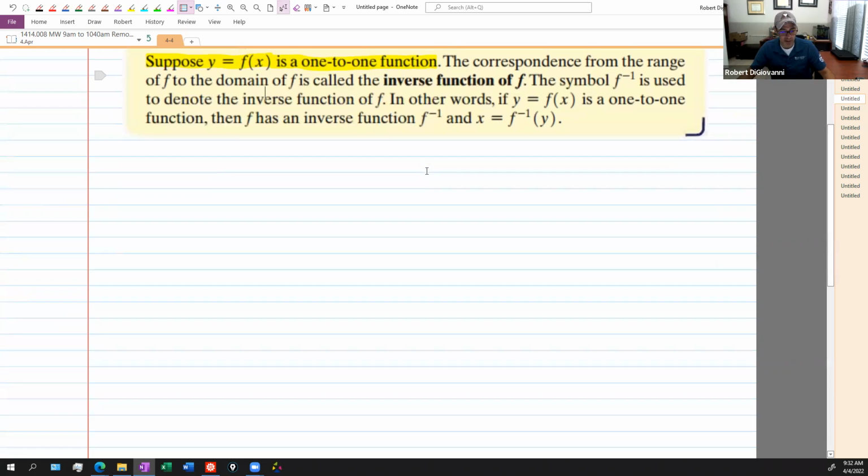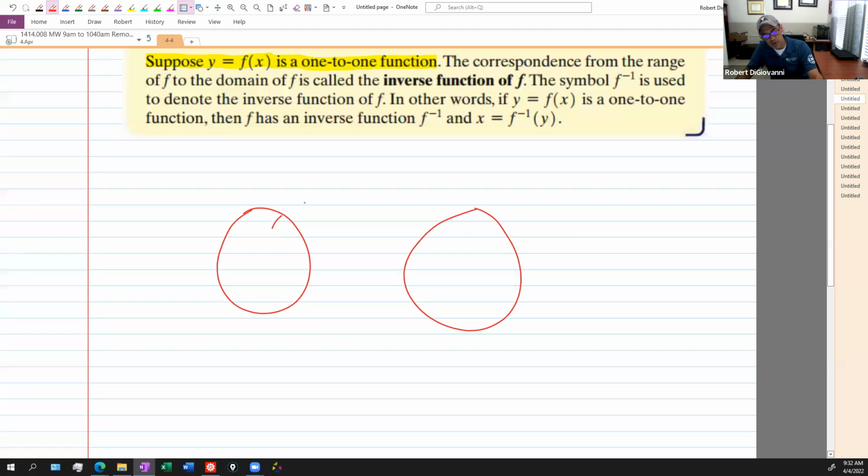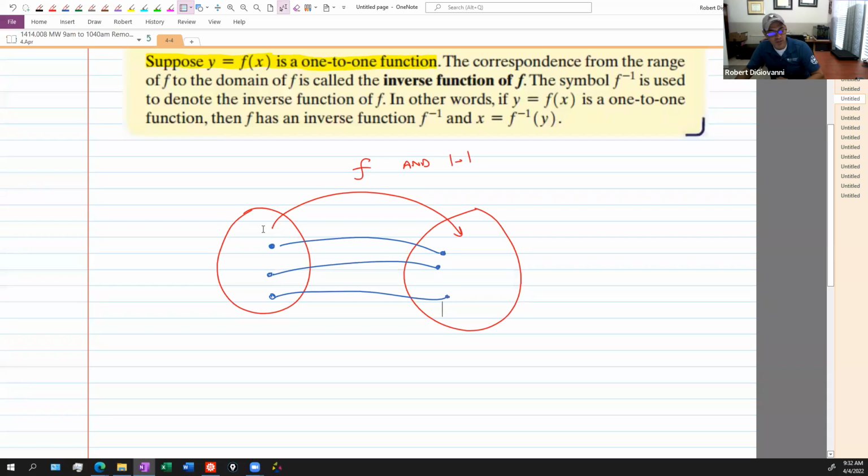So all it's saying is this. If we have a function that goes from here to here, f, right? And it's one-to-one, that means that for every input, it goes to exactly one place, and there's never any 2 points in the domain of f that go to the same place.